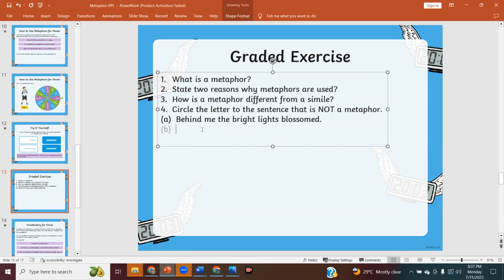B. How long shall I tarnish the mirror of life?